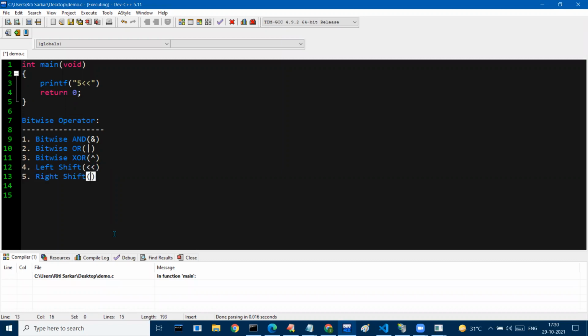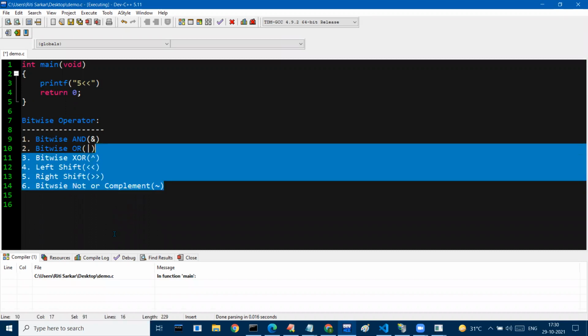There we will discuss both positive and negative numbers. And lastly, we have bitwise complement or bitwise not, or some people call it the complement operator. Both terminologies are the same. How does it look? It is the tilde sign.